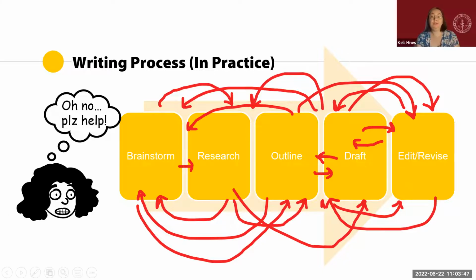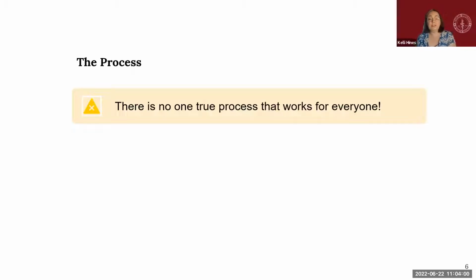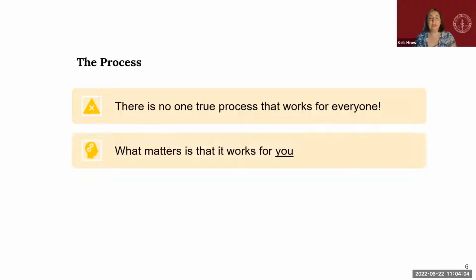I'm not a prescriptivist, I'm a descriptivist. There are tons of ways to be a good writer, and any type of writer can produce good work. And there is no one true process that works for everyone. What matters is that whatever process you have works for you.